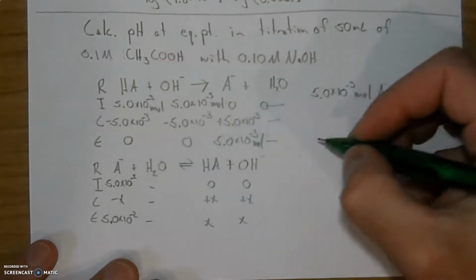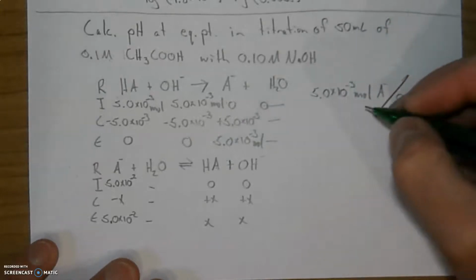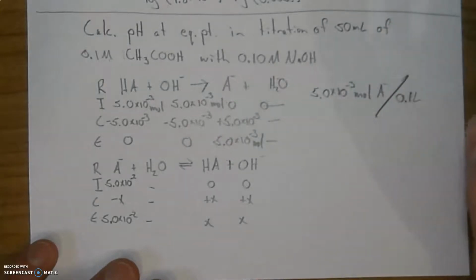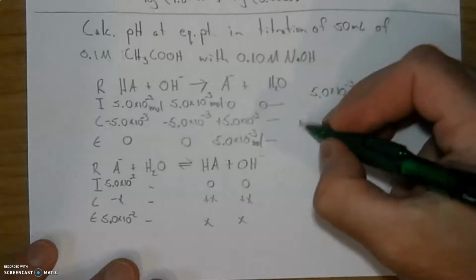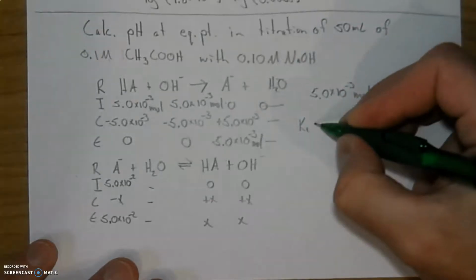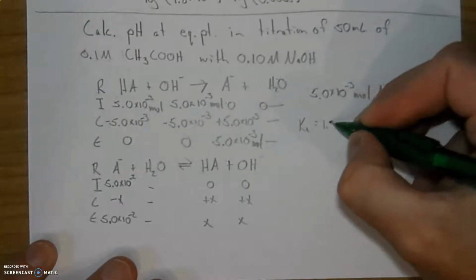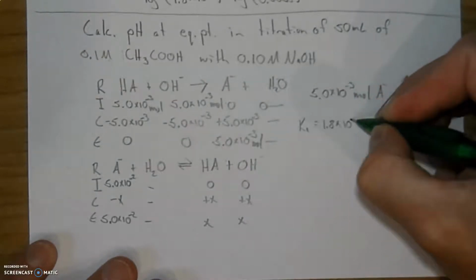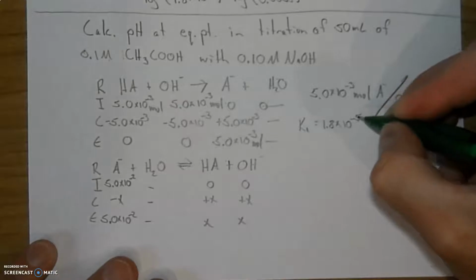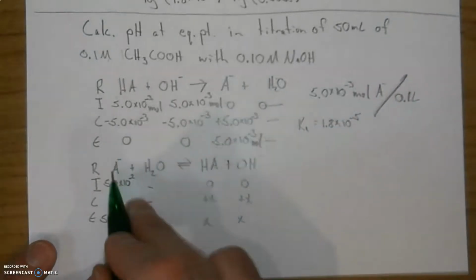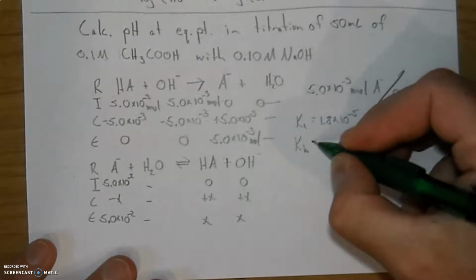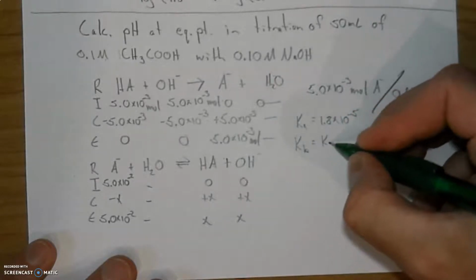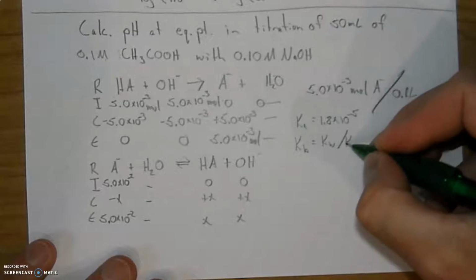Okay, so just like before, we can set this up as products over reactants, but I don't have the initial K value. I have acetic acid, and I have a Ka value, which is equal to 1.8 times 10 to the negative 5. Because I'm dealing with the base and only the base, I need a Kb value. And the Kb value is equal to Kw divided by Ka.